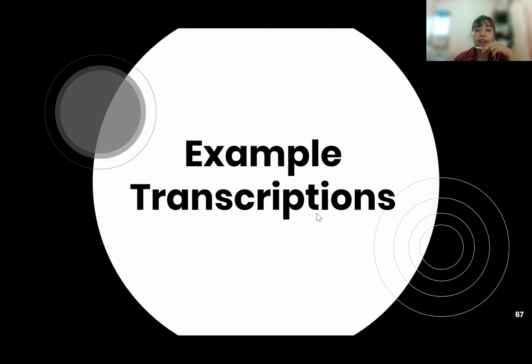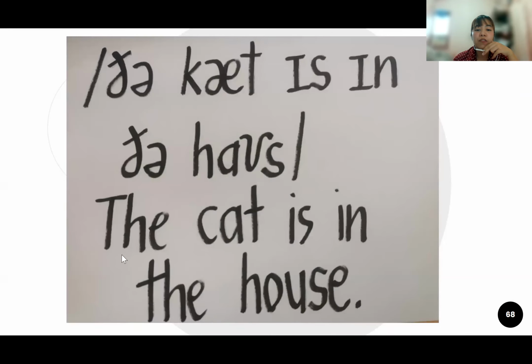So we have also example transcriptions before we end this discussion. So for example, if your sentence is the cat is in the house. So this would be the IPA transcription for this sentence. So you have your the. So the, one syllable lang naman and unstressed. That's why we use your hard TH and your schwa.